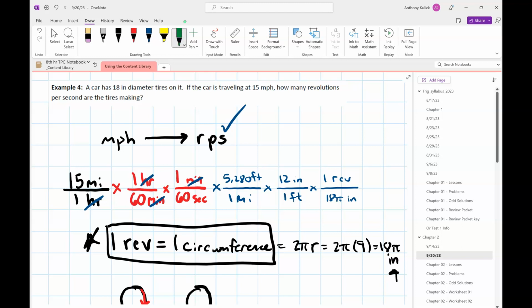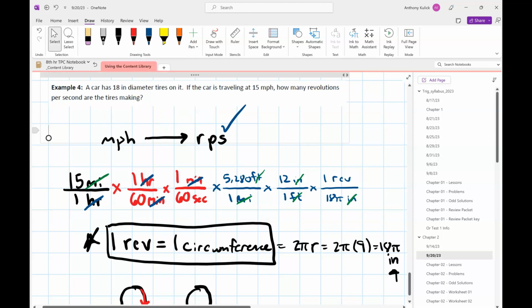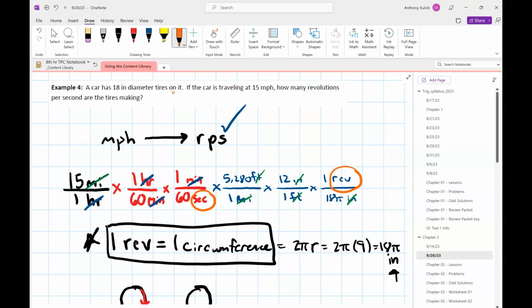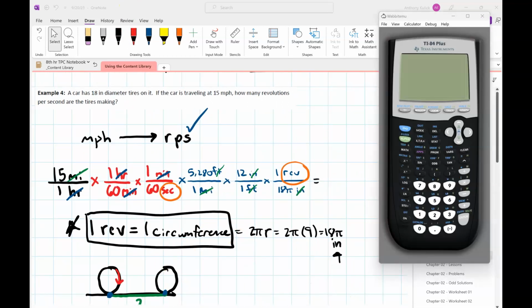So if I cancel these units, now miles cancels with miles, feet with feet, inches with inches, and we're left with revolutions per second. So all I need to do is type this into my calculator now. I'm going to use that fraction command and do this all in one line.